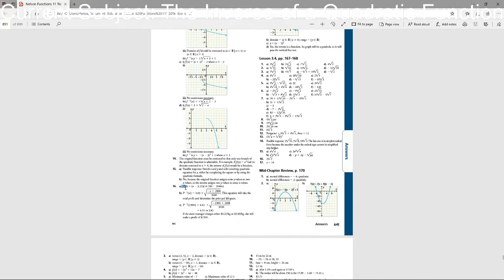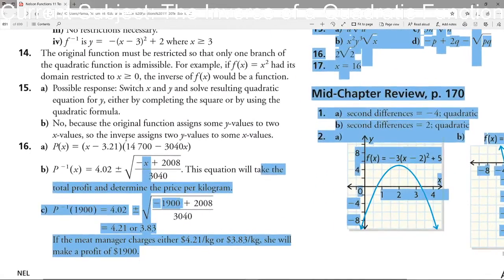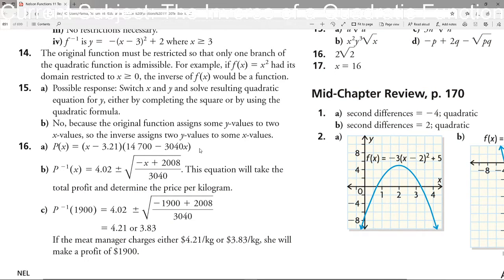And question number 16 says P of x equals... This part makes sense. I'm going to zoom in quickly. This makes sense. Why are we doing money minus money made per kilogram?